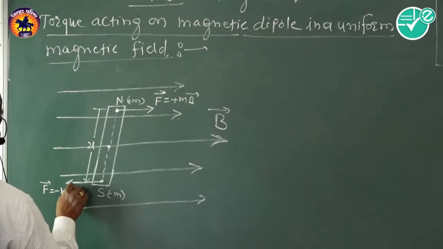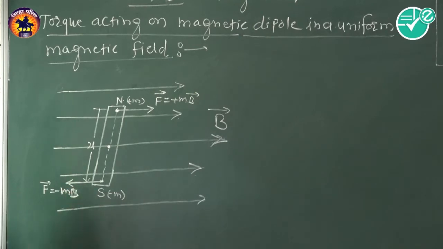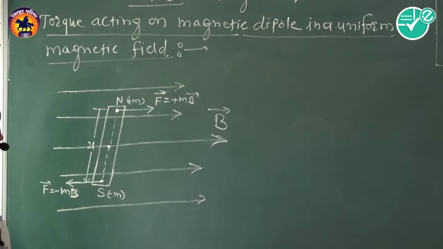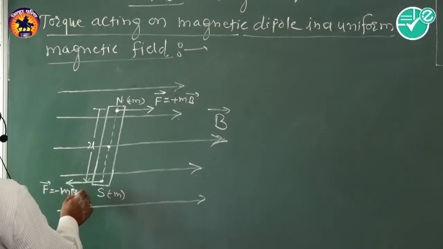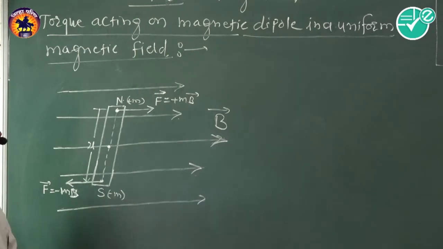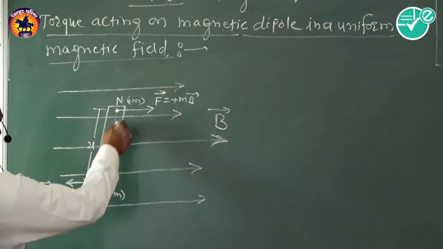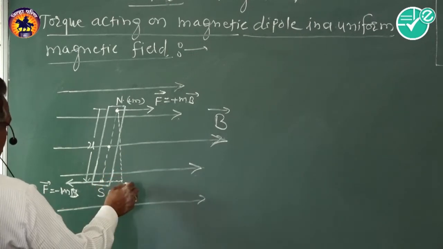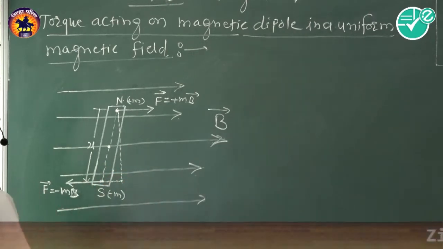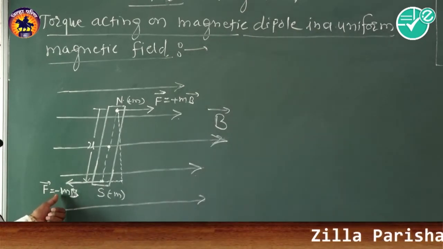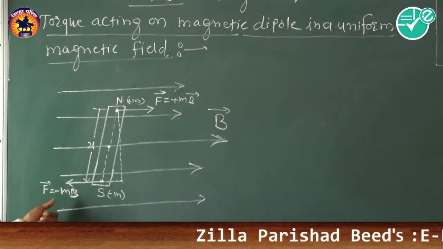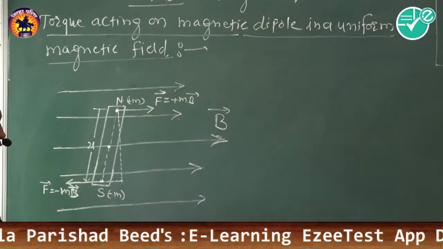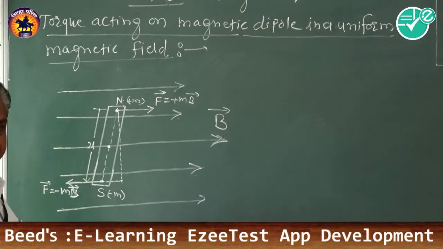Force acting on the north pole is directed towards the magnetic induction B, and the force acting on the south pole is directed opposite to the direction of magnetic induction. Therefore, a negative sign is given here, minus mB, and a positive sign in the direction of magnetic induction, plus mB.